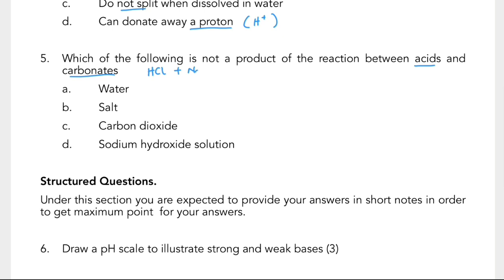Maybe we react with sodium carbonate, and then this would give us sodium chloride, which is a salt, and then we have H2O, which is water, and we also have plus carbon dioxide.